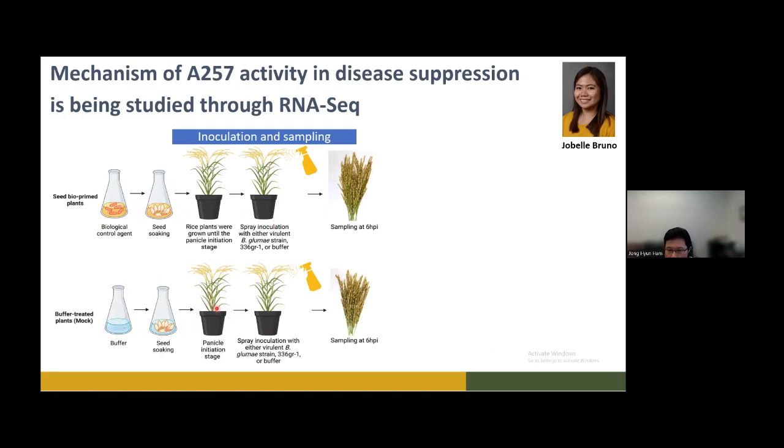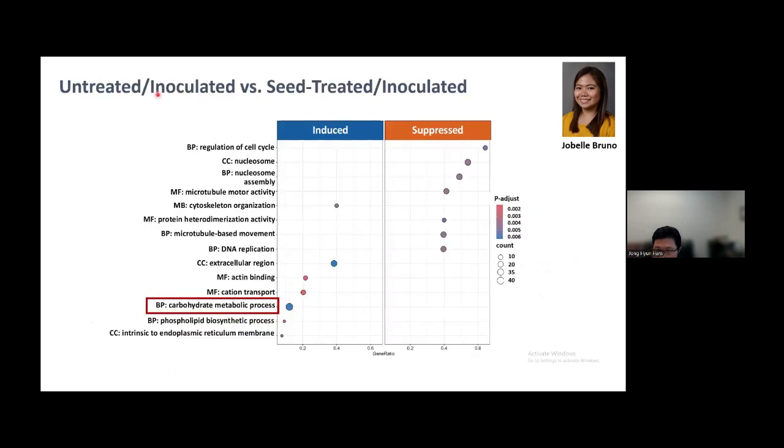Then we grew the plants from those seeds and inoculated them, and compared the gene expression profile between treated and untreated plants, and also inoculated and uninoculated plants. So we compared four different comparisons, but the most meaningful comparison was the inoculated plants between the seed treated or untreated plants.